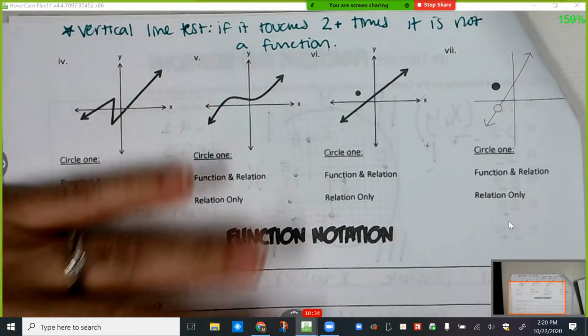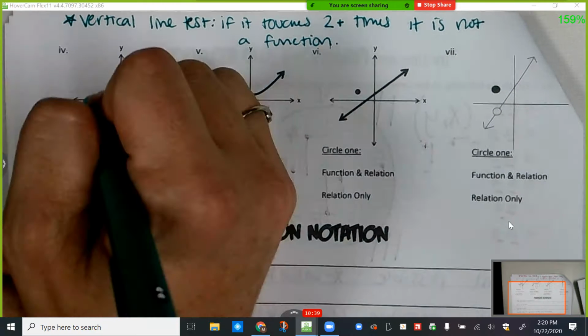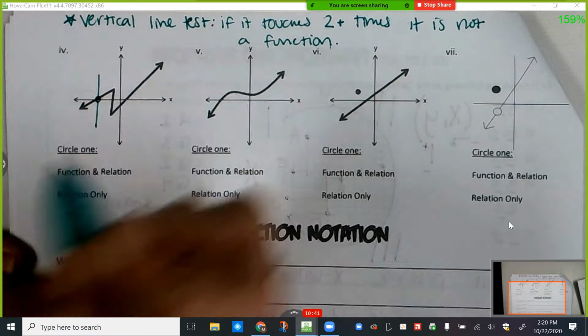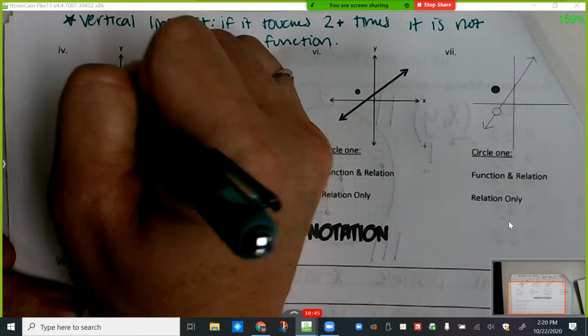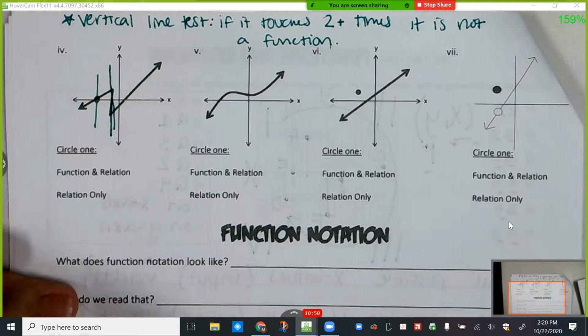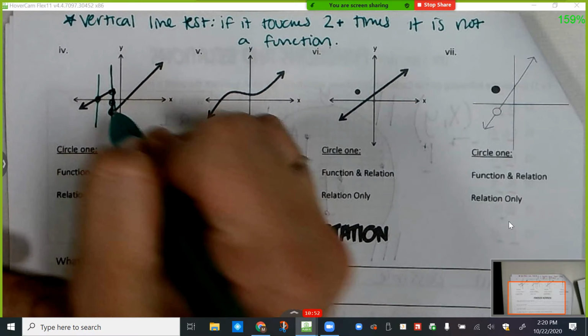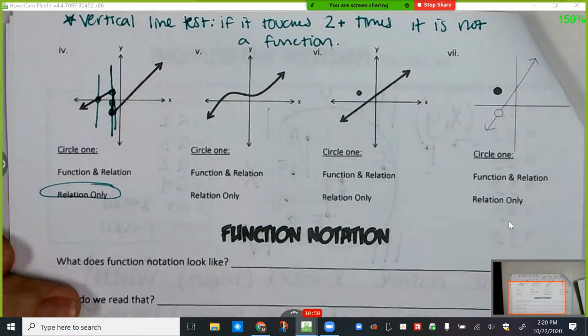So you can draw a line right here and it only touches once, right? But what if I draw a straight line right here? Doesn't it touch all through that middle piece? Therefore it touches 2 or more times, and this is not a function, it is a relation only.